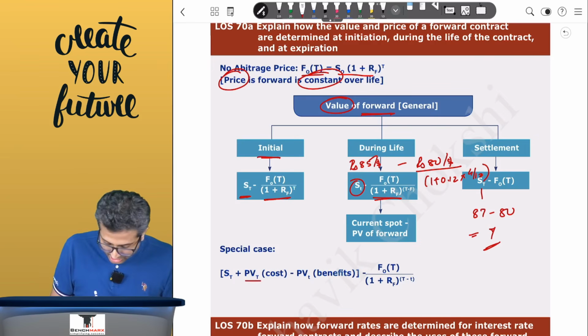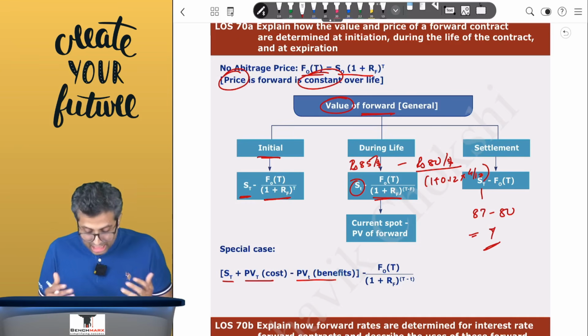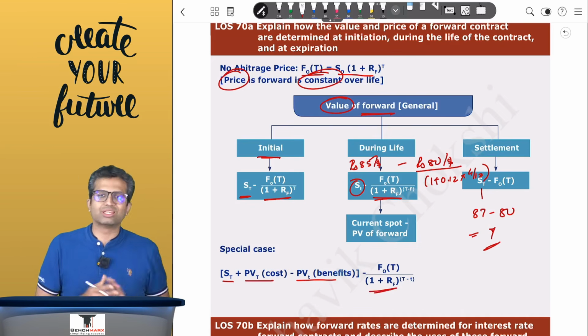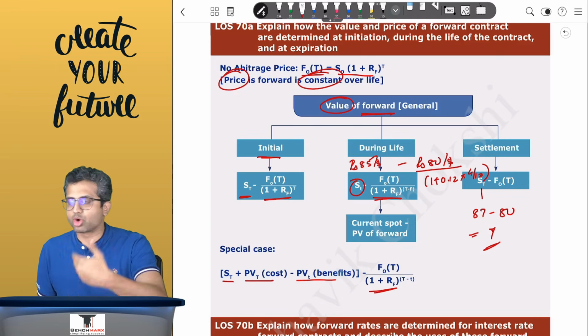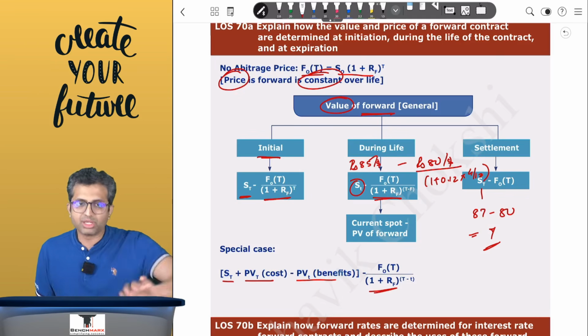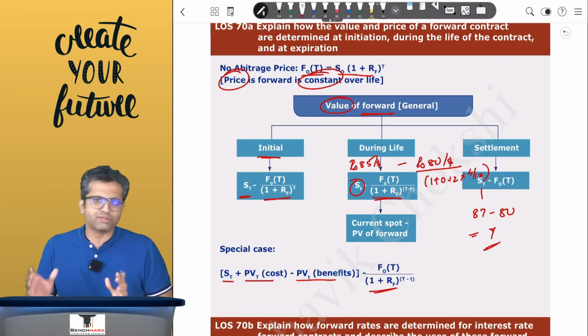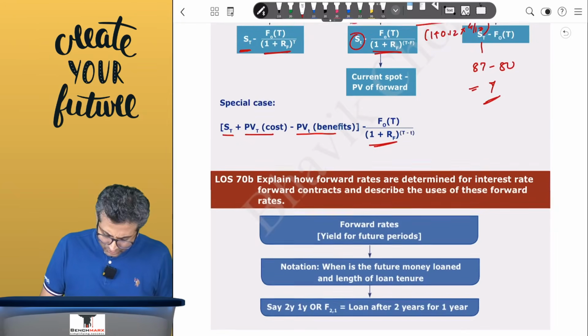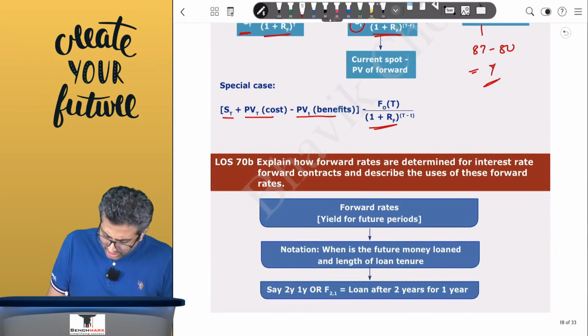In this case, your value will be spot plus the present value of storage minus the present value of benefits minus the present value of the forward. So after considering the storage and the benefits for the remaining 4 months, adjusting that, you will take the difference, and that will give you the value of the contract.